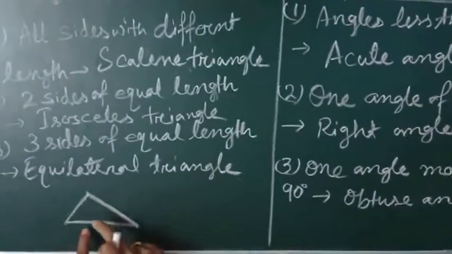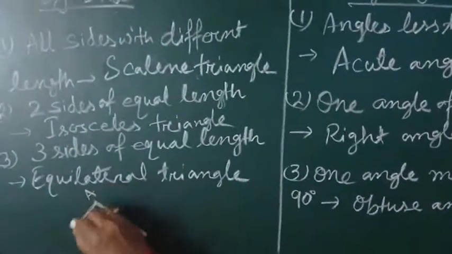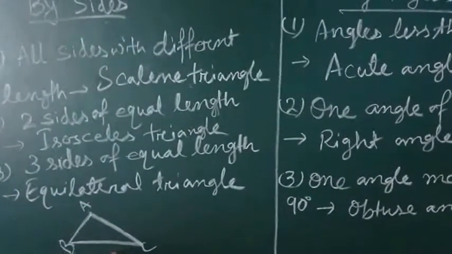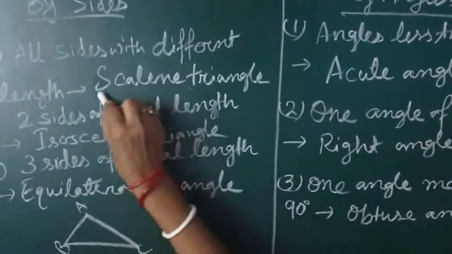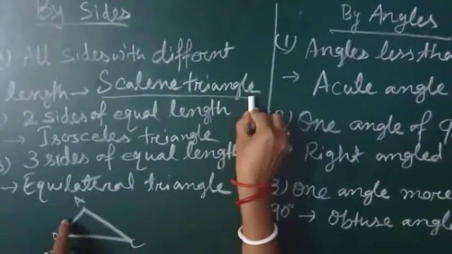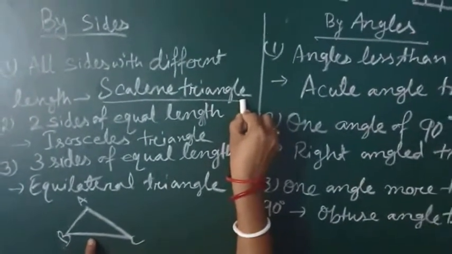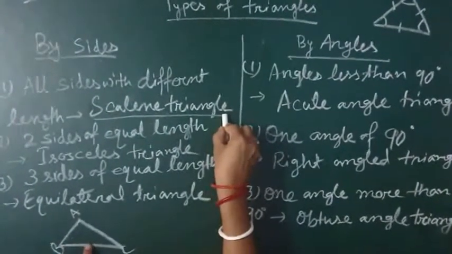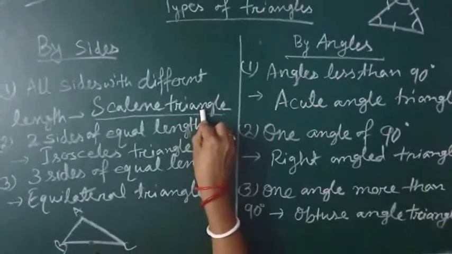If I name this one ABC, this type of triangle will be called a scalene triangle. So when the measures of all three sides are different, and at least two are not equal, it is called a scalene triangle.